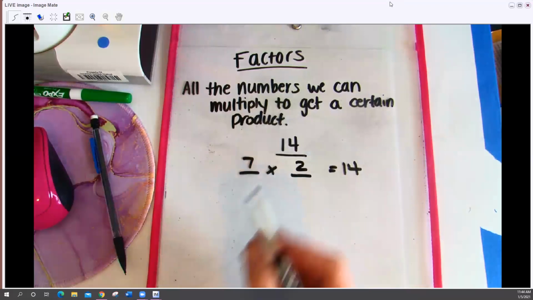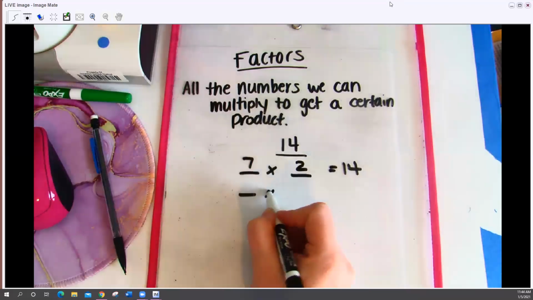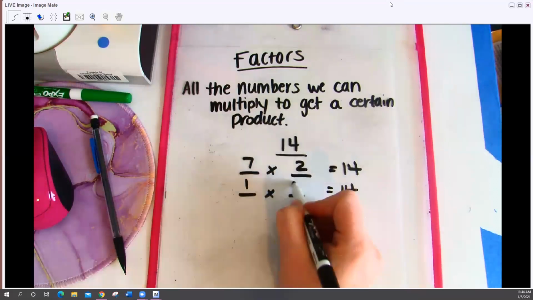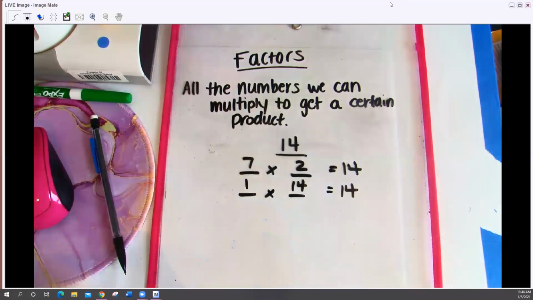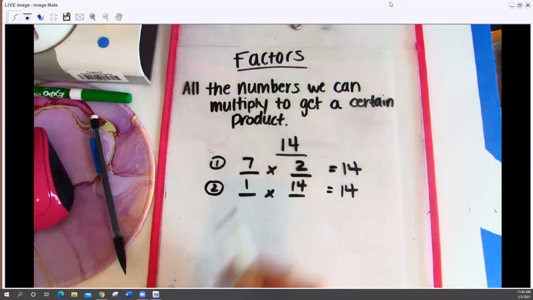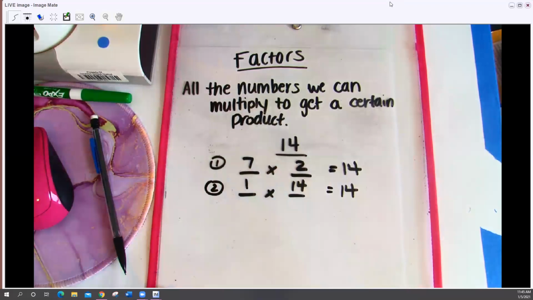But I can also do 1 times 14. I know because I know my multiplication facts that these are the only 2 number sentences that I can come up with to multiply and get an answer of 14.